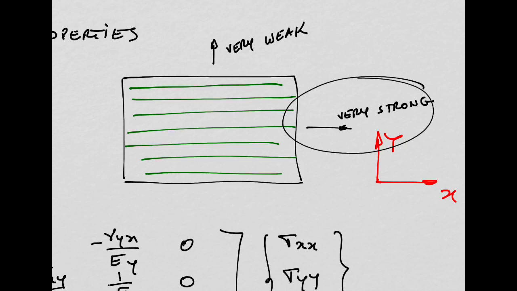If we have any load being carried in the transverse direction to the fibers, because that is very weak, it will probably fail. So the optimum orientation is the one that will allow my loading to be in the direction of the fibers.